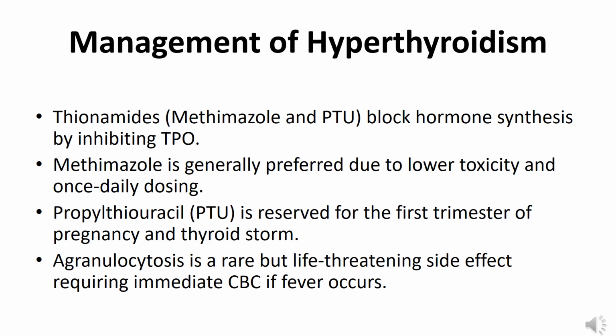Because of these risks, regular clinical follow-up and patient education are essential during treatment. So, thionamides remain a cornerstone of hyperthyroidism management because they directly block thyroid hormone synthesis, but careful monitoring is necessary to ensure safe and effective therapy.